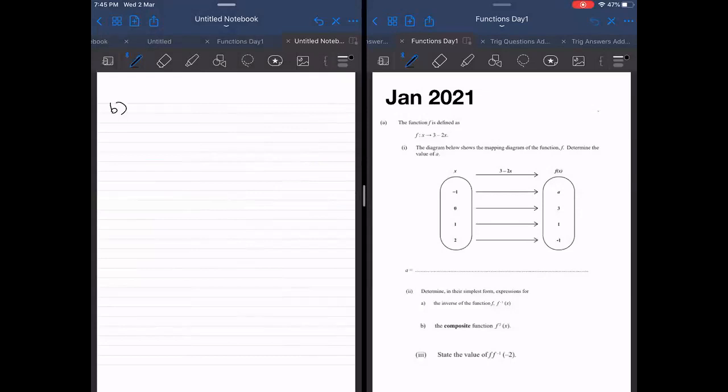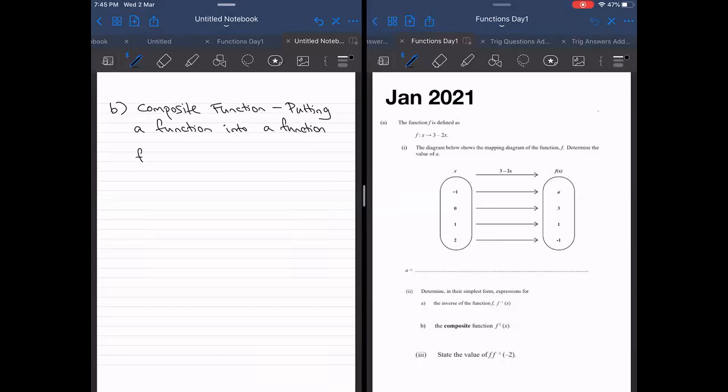Okay, then part B is talking about a composite function, which simply means putting a function into a function.